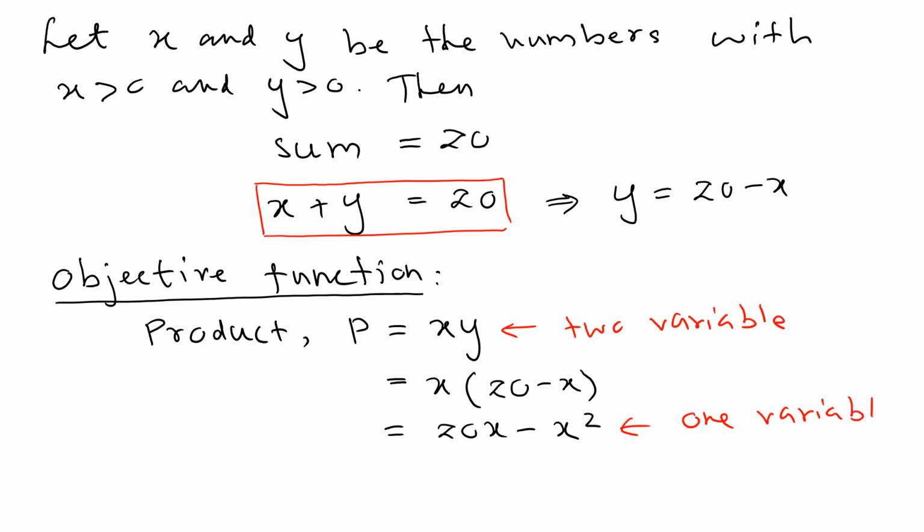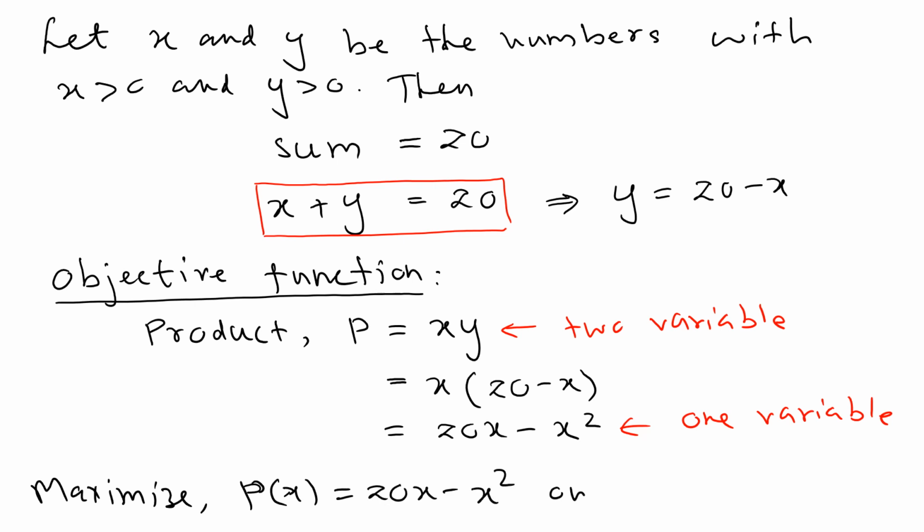Now let's write the problem. Maximize P(x) equals 20x minus x squared, since it's one variable. On what interval? Those numbers cannot be negative, so the smallest x can be is 0.